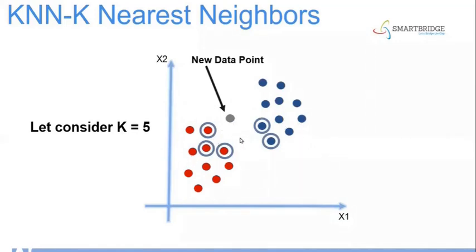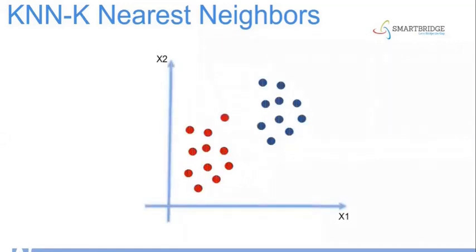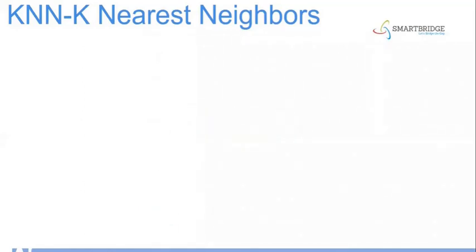It's towards the right. So this new data point is considered as the red point because it is very near to the red points. So in KNN, the distance will be calculated, and then the nearest distances are taken. Whichever side the majority of the neighbors lie, that is the side this new data point will be considered. After that, the model will be ready.